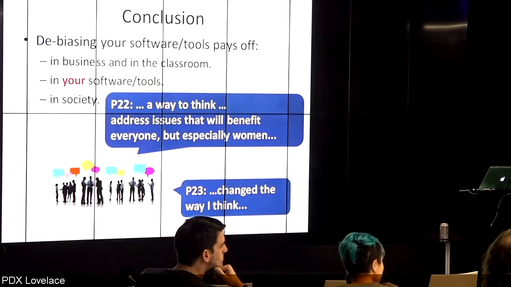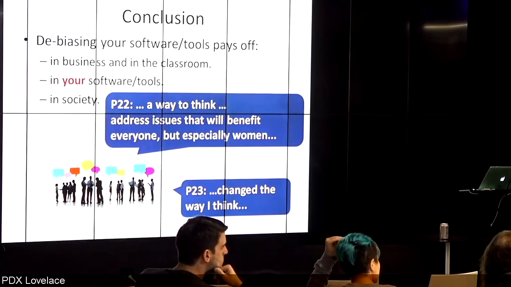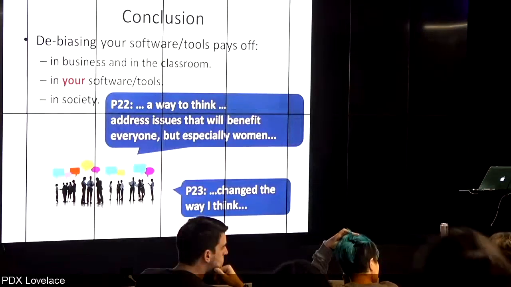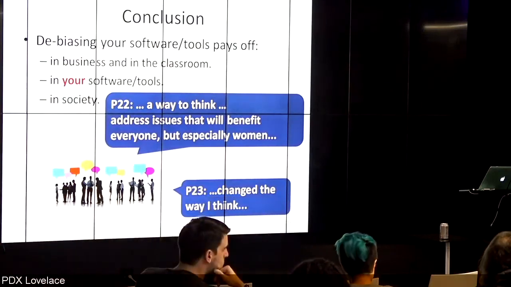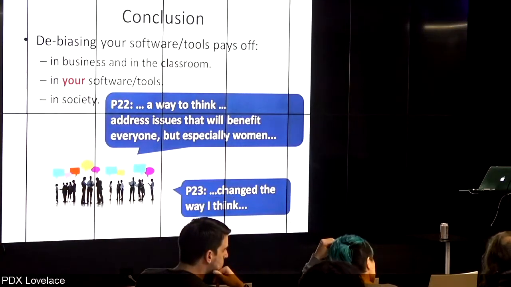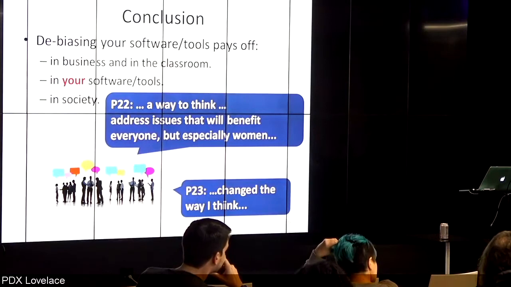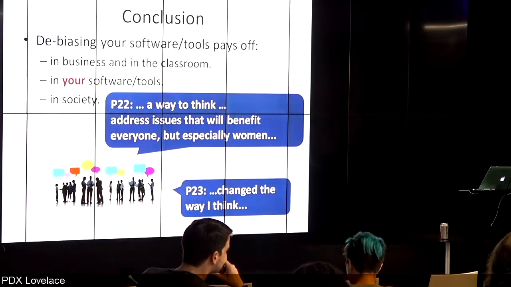I was wondering if you had any research on if a company was more diverse, if you saw better ratings for GenderMag and products that they were producing. Yeah, it's a great question. The answer is no, but I think it would have been yes if there were a lot more diversity in the early days of software.